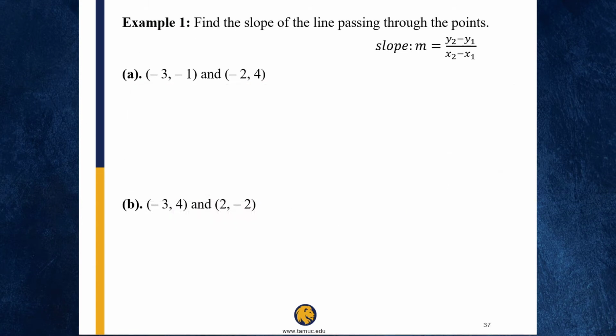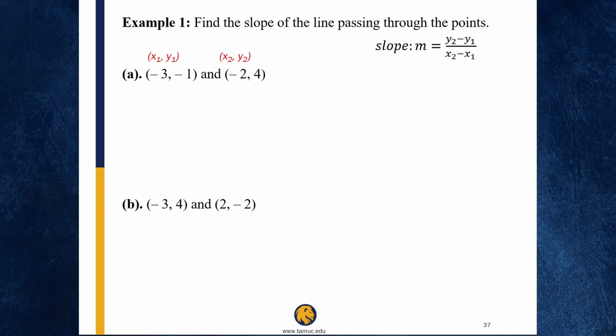We're going to start by looking at just the slope of a line by calculating the slope through 2 points, starting with this one that has -3, -1, and -2, 4. So for the slope formula, we'll think of the first point as x1, y1, and the second point as x2, y2.